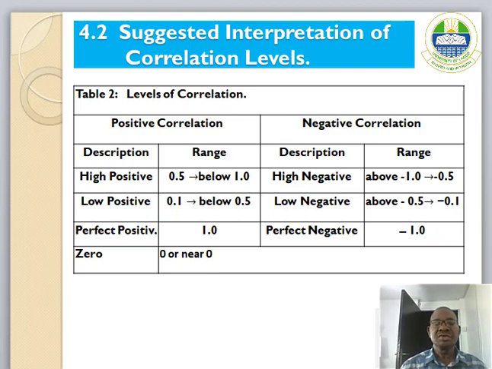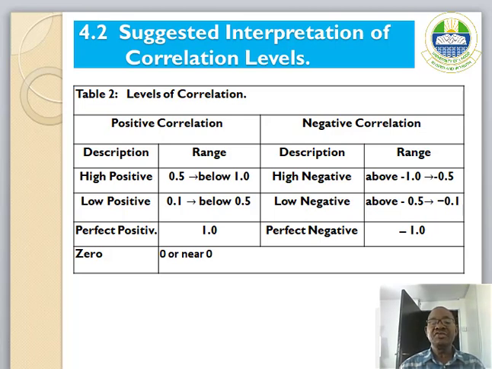Suggested levels of correlation. Correlation can be high or low. These figures give indications of high and low correlation. High positive correlation is when the correlation coefficient falls below 1.0, while low positive correlation is between 0.1 and 0.5.